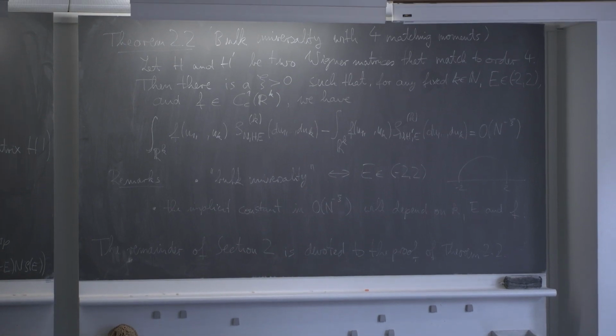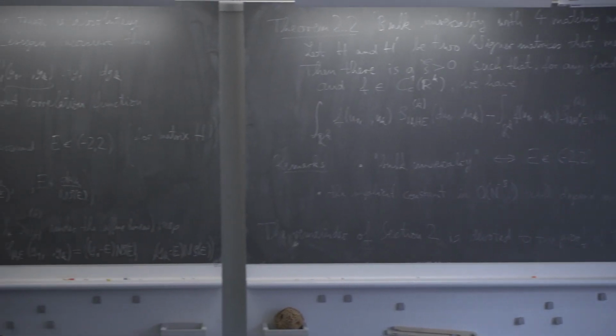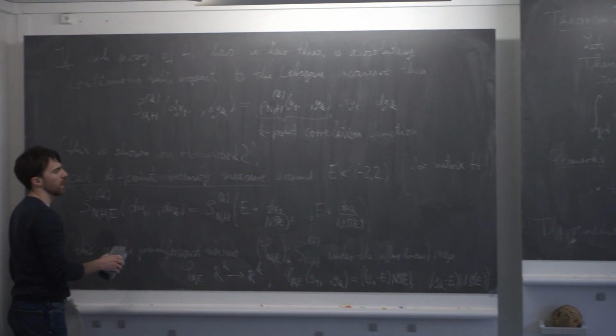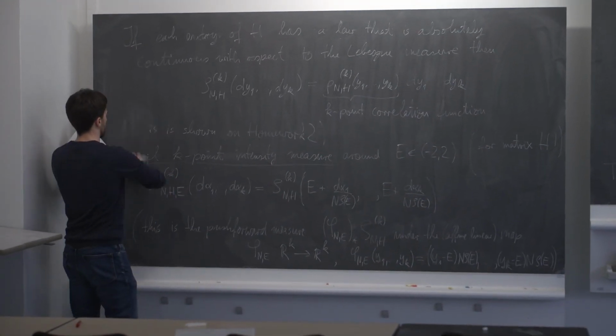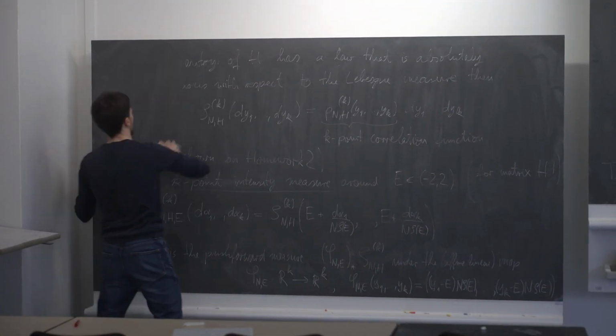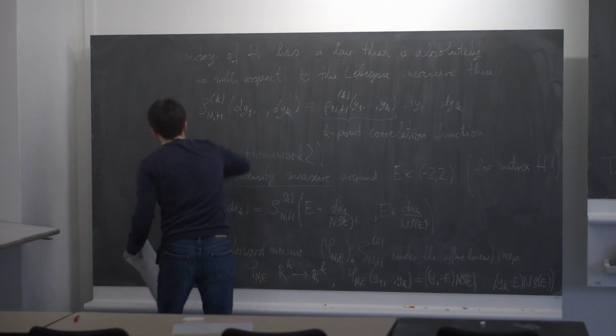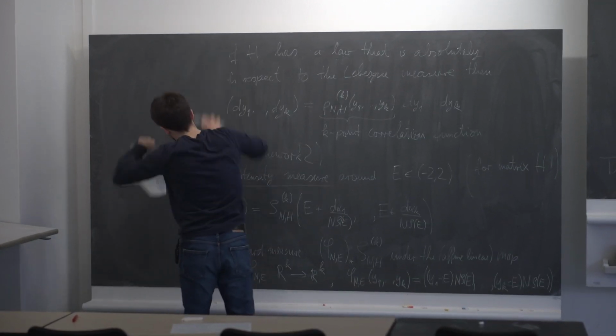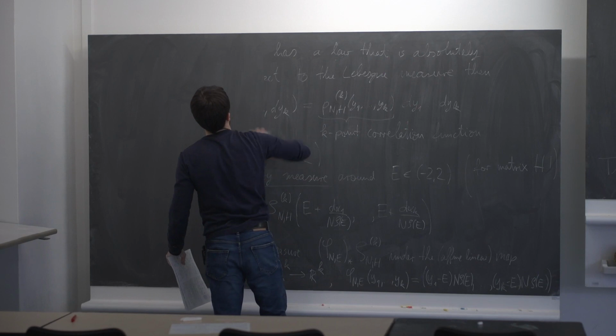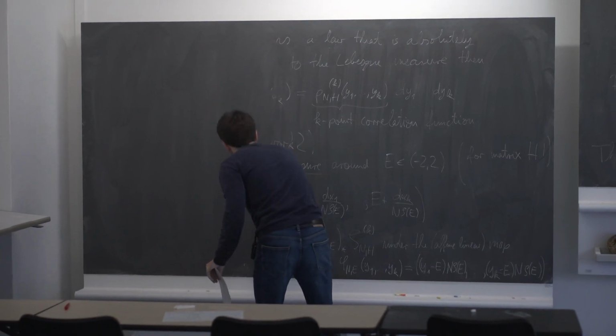That's a very interesting behavior, and it also says that this local eigenvalue process has asymptotically this determinantal structure which we have in the GUE case also for finite n.